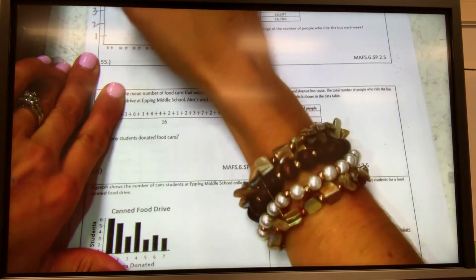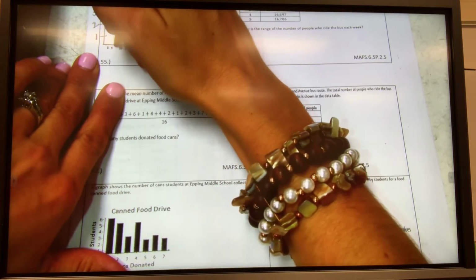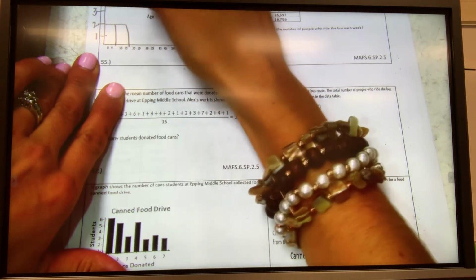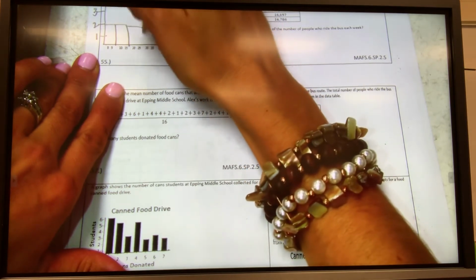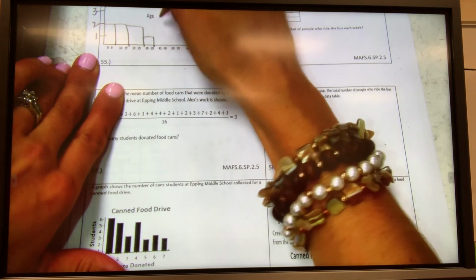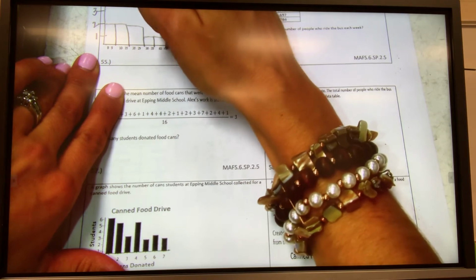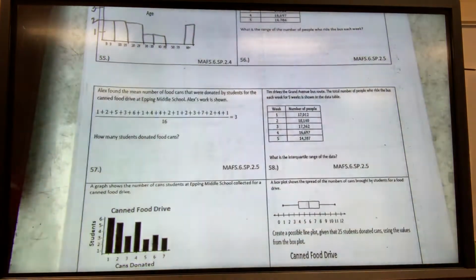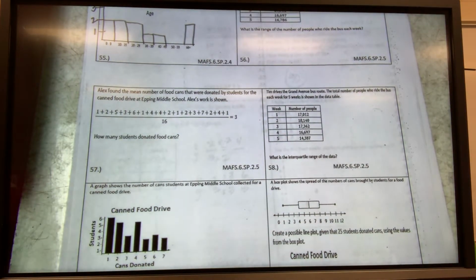Okay? So here's the first one. 2, 2, 2, 36 is 1, 41 is 1, and 62 has 2. Okay? Pretty simple.